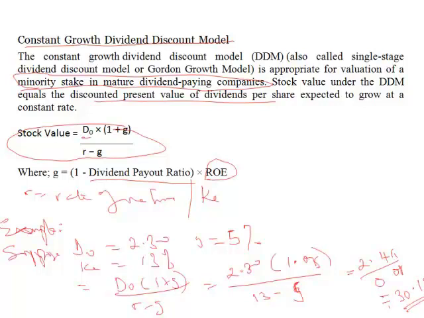And if the market price of the share is different from this, if the price in the market is lesser, it means this stock is overvalued, and the best decision is to sell. But if the price in the market is higher than this, understand?